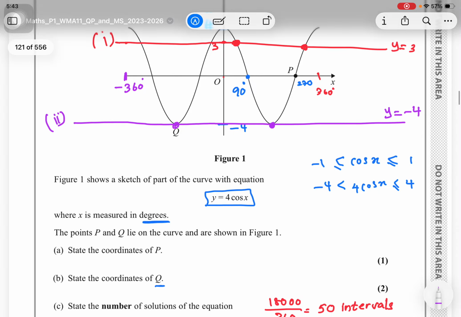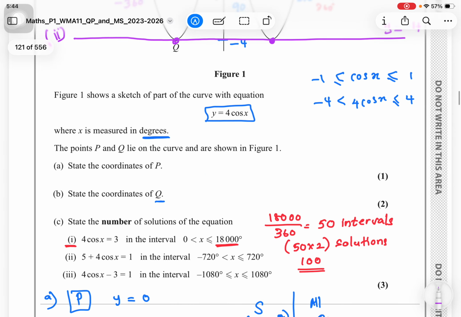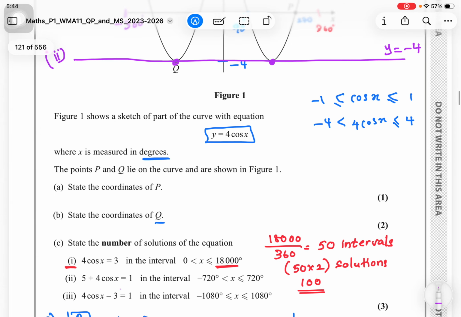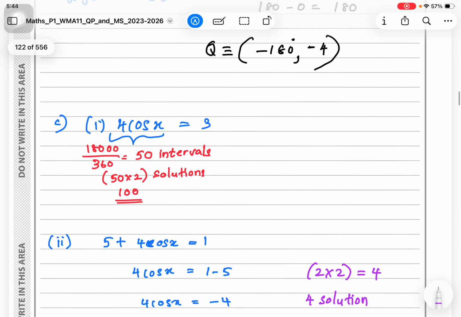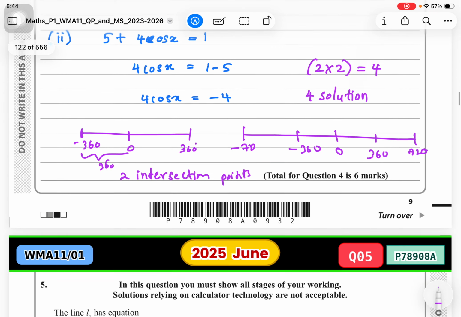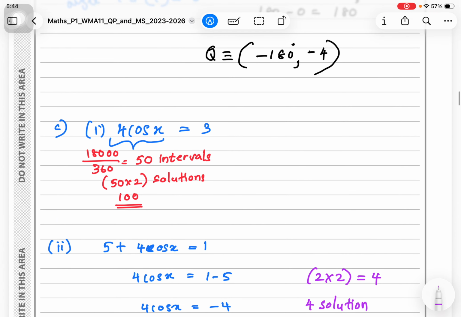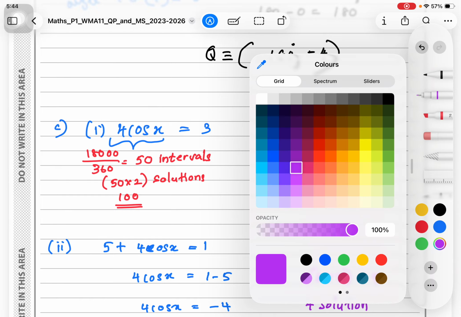Yeah. Let's come to Roman number 3. It's 4 cos x minus 3 equals 1 in the interval of this. Okay. Let's quickly go with Roman number 3. Let me take another color for this, I guess.